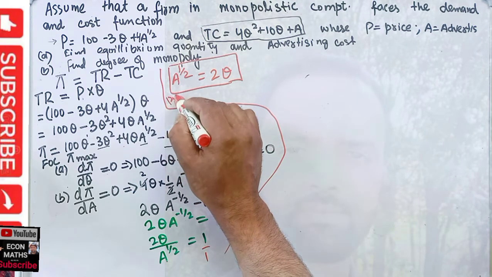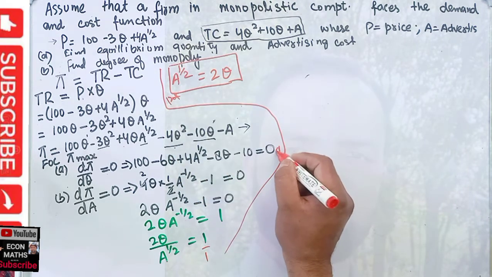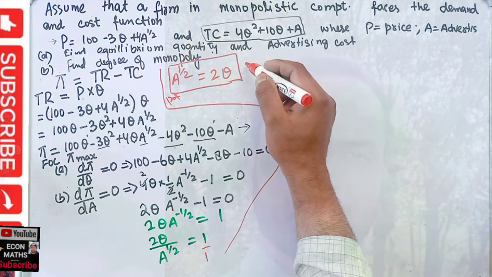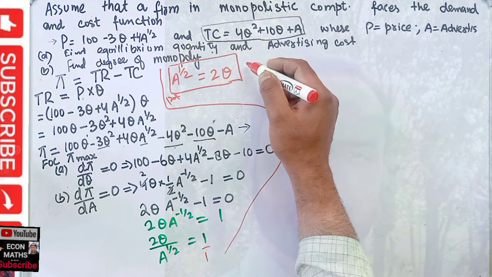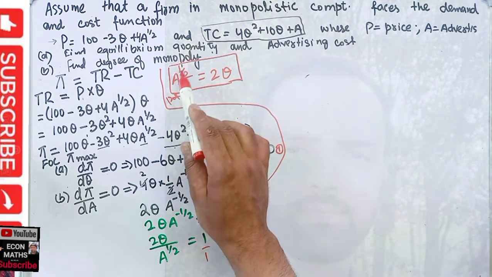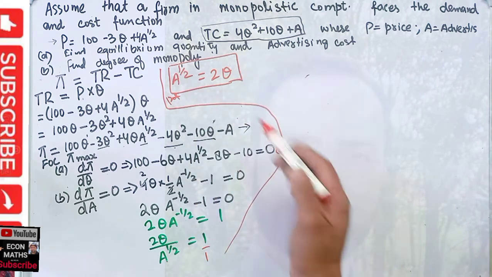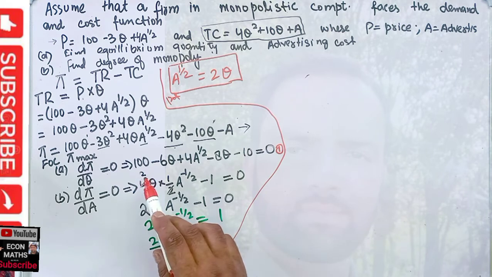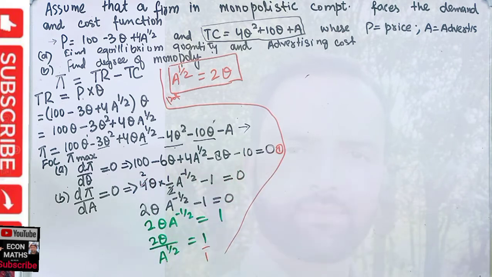Let this be equation first, and let this be equation second. We put a to the power 1 by 2 is equal to 2q. We put this value in the first equation.